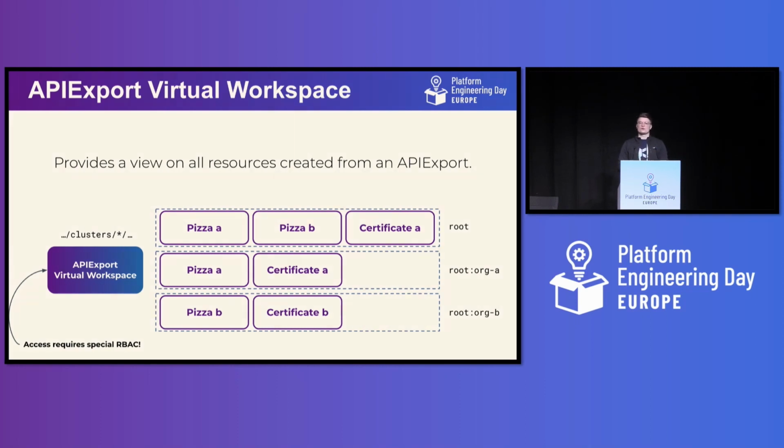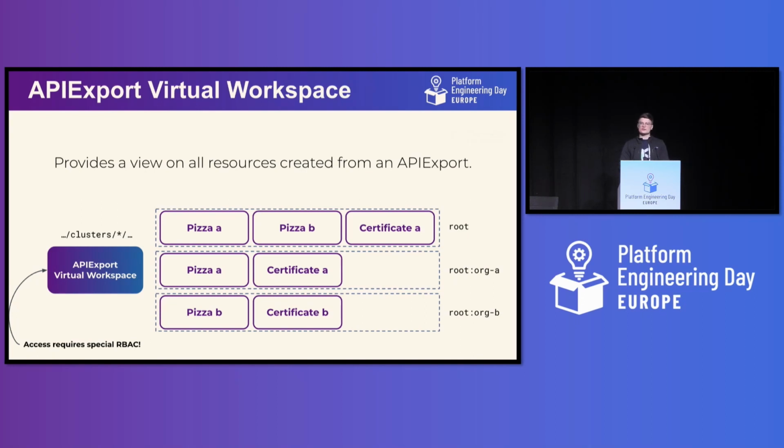And this virtual workspace gives me a view of all the data for a specific API export. So this allows us to access cross-workspace all the resources that different teams have created of a specific API. And this is useful, and again, this is also guarded by RBAC. So you won't be able to use this unless someone gives you the explicit permission. And this is extremely useful to build controllers, to reconcile your API.